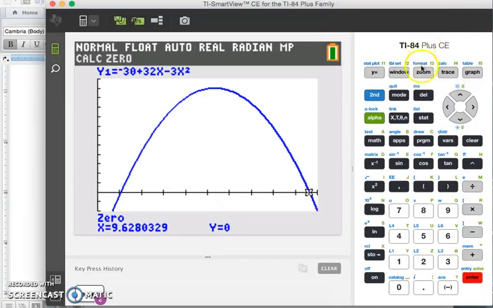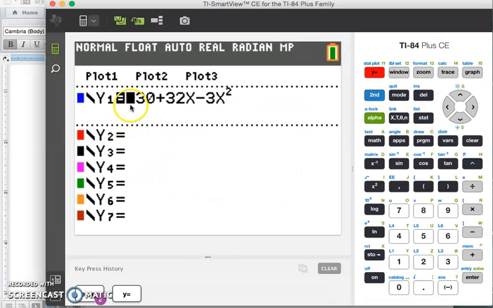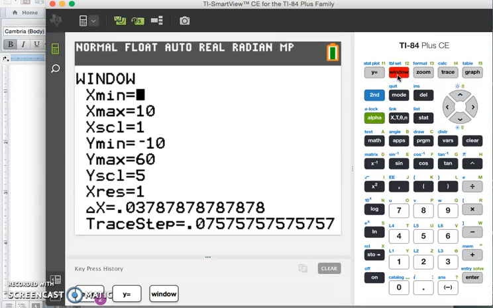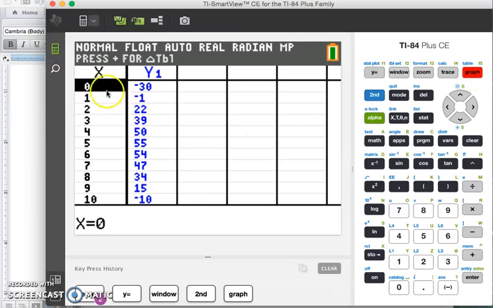So here is my function. It's all set up beautifully. And my y equals, I have negative 30 plus 32x minus 3x squared. And I have my window set up based on the table. When I was looking at the table, I noticed that the negatives were at 0 and 10.